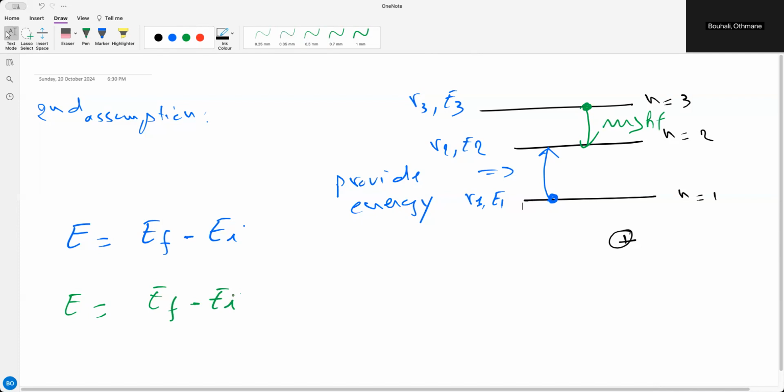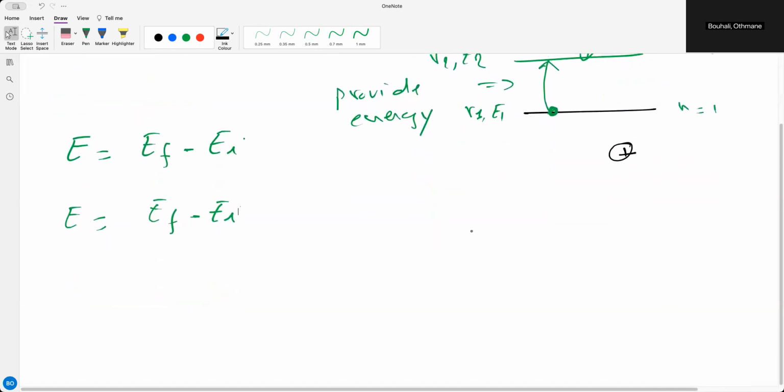So please remember, if you want to move the electron from a lower state to a higher state, you have to provide energy, and this energy must be exactly the difference between the energy of the two states. If the electron jumps from an upper state to a lower state, the atom will radiate a photon, and this photon again is exactly the difference between the two energies. Please remember this.